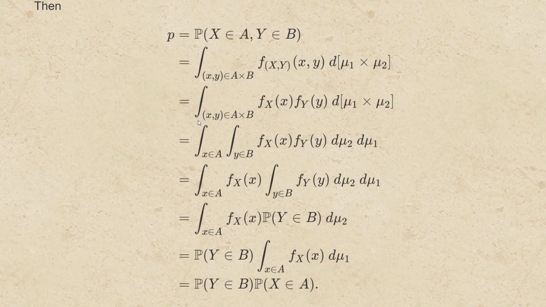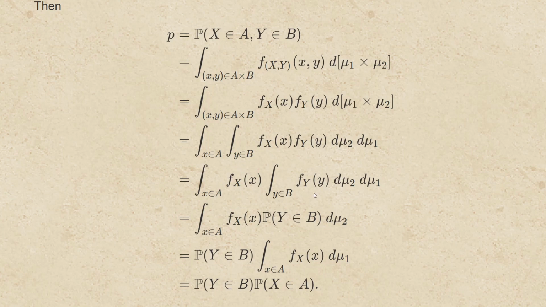We can take our two-dimensional integral and make it into two iterated one-dimensional integrals. But now the density of x doesn't depend on y at all. So we can factor it out of the inner integral and it joins the outer integral.